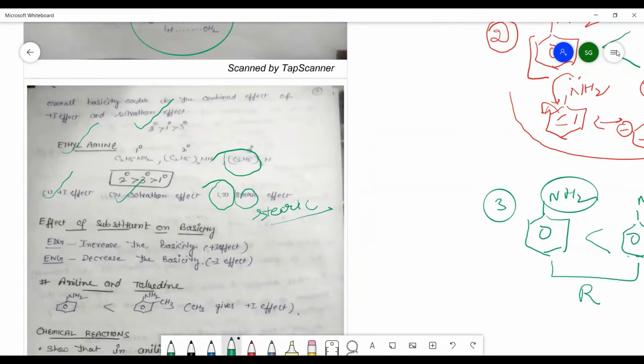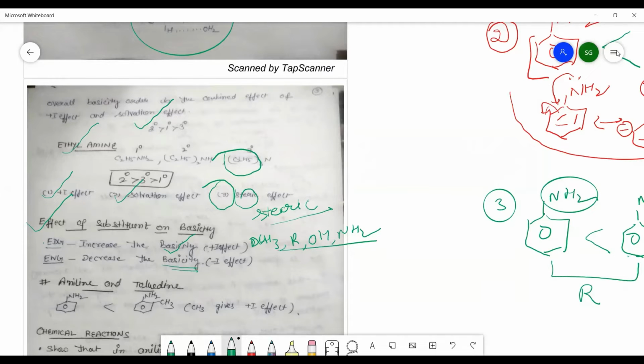Okay. Now, see what is the effect of substituents on basicity. It is just the reverse of acidic behavior, that is, an electron donating group will increase the basic nature, because an electron donating group will increase the electron density around the nitrogen atom, like the OCH3 group. You can take the alkyl group, the OH group, the NH2 group. All these will increase the basic nature.